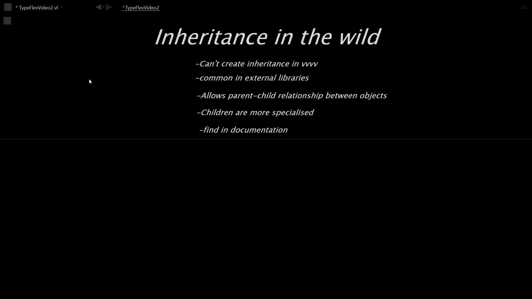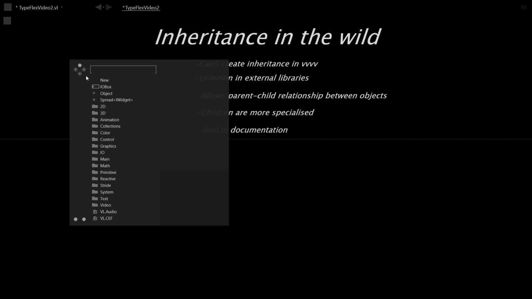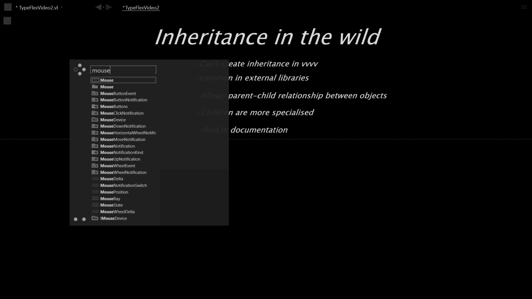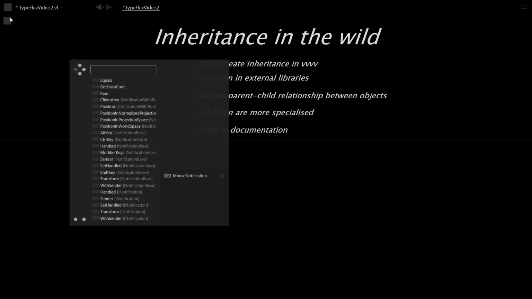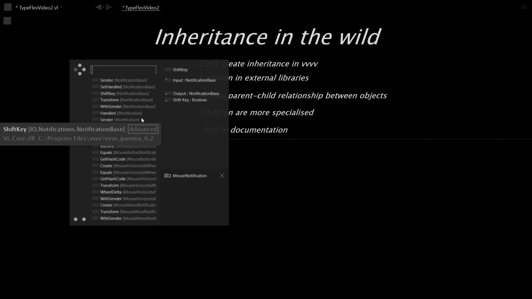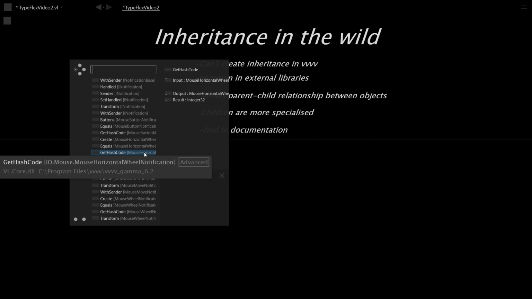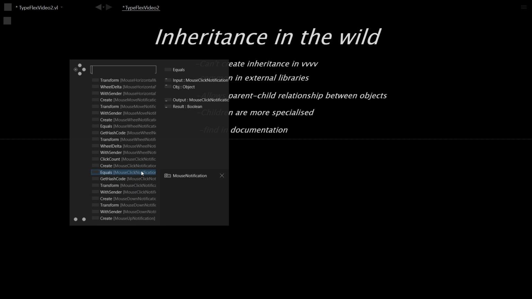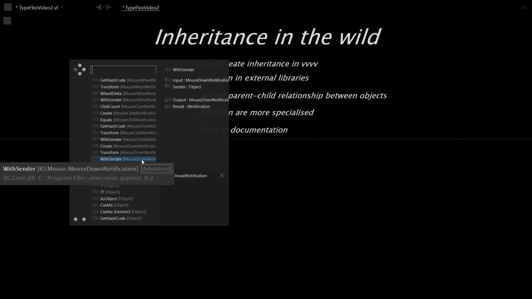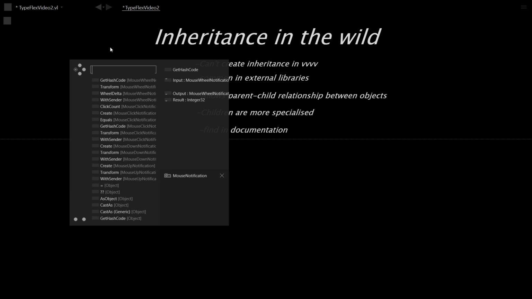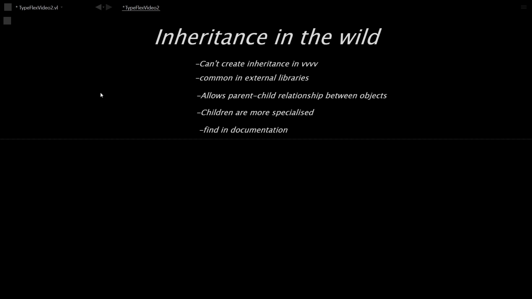Okay, but what if there isn't documentation with a nice little graph? What we can do, if I look in the node browser here, just for an example, there's a bunch of mouse notification related types. There's notification base and mouse horizontal wheel notification, mouse wheel notification, mouse down notification, and these actually all inherit from each other.